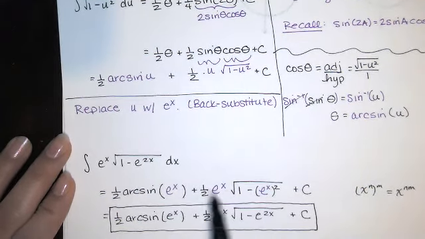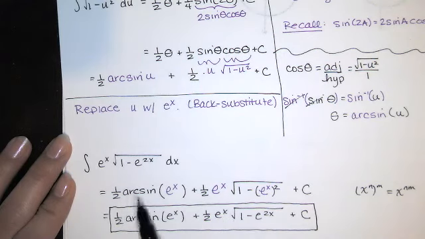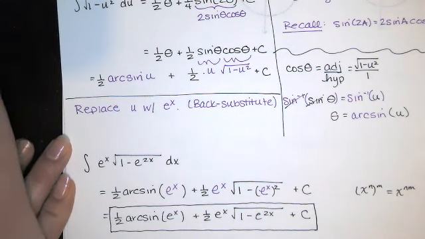So if you were to take the derivative of this, it would require the chain rule. This would require the product rule with a chain rule whenever you take the derivative of this second function here. If you do that and you simplify, guess what? You're going to get that back. The derivative of this function is this function. And that's the point. That's what we were asked to compute.